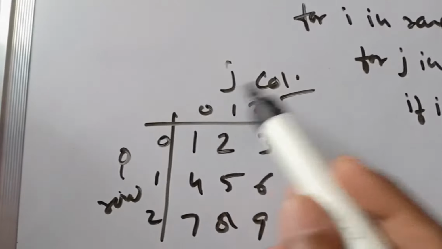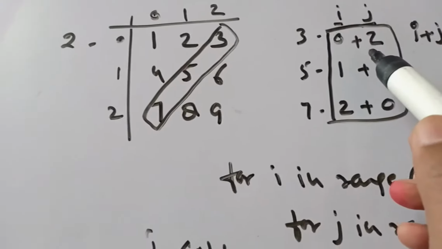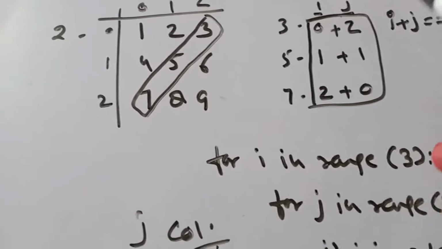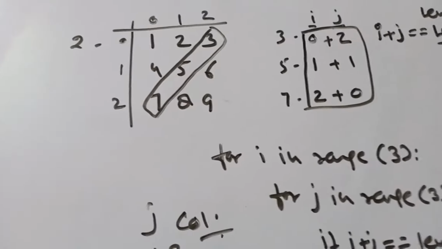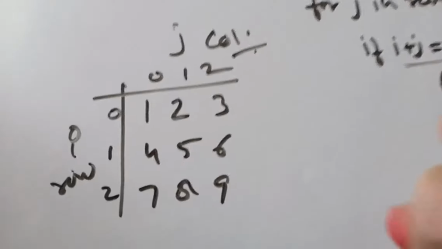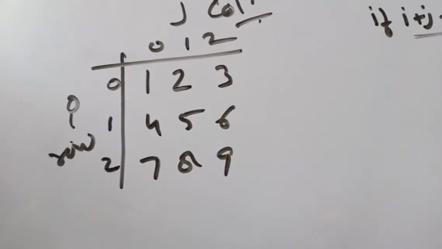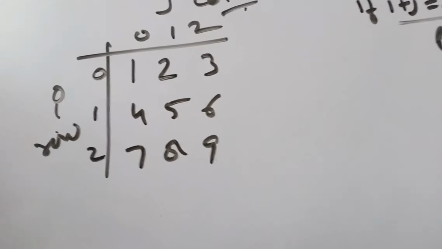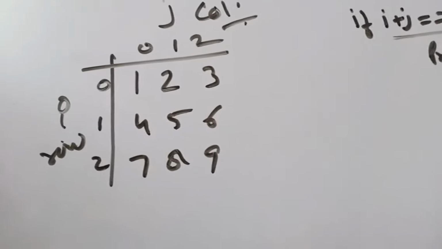We have to create a relationship. We can use arithmetic operators like this. We can directly use relational operators: I less than J, I greater than J, I equals J, or I plus J, whatever. By any means we have to create the relationship between I and J, so that we can find the proper value to be displayed.